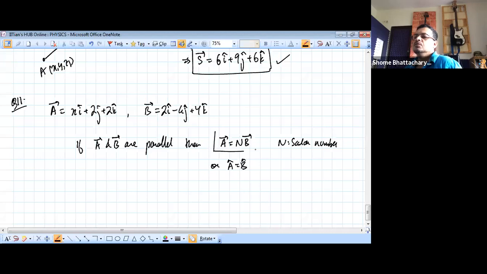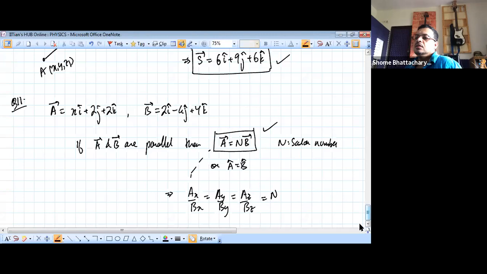But this is the easier one. We'll go with this. So if this is the case, that means that Ax upon Bx should be equal to Ay upon By, should be equal to Az upon Bz, should be equal to that ratio, whatever that is.